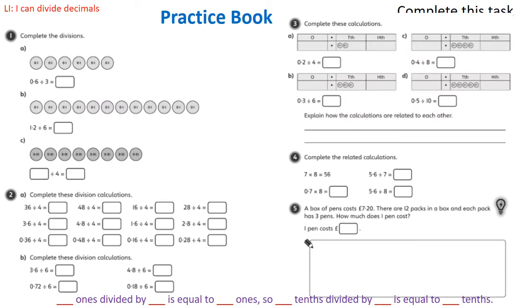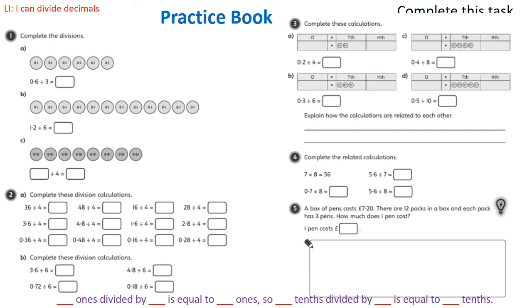Okay, going into our practice book, and I want you all to have a go at all of the questions on here. So number 1, complete the divisions. So you've got your place value counters. Each one is 0.1 and there are 6 in total. And we are going to divide those by 3. So you can use your stem sentence. 6 ones divided by 3 is equal to 2 ones.